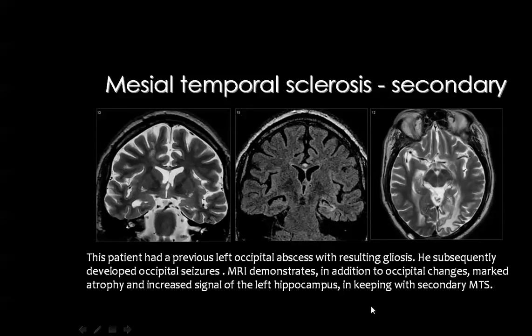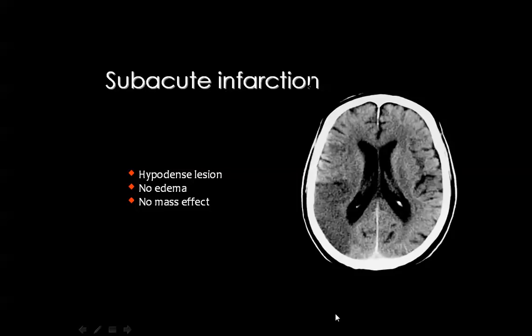Then the mesial temporal sclerosis may occur primarily because of ischemic changes in the region of the hippocampus, or secondary to other lesions, like in this case with a patient with an occipital lobe abscess that has been evacuated, and after that the patient developed epilepsy or seizures, and the MRI showed some changes in the hippocampus on the left side, which are clearly identified in this FLAIR image. You see the abnormal signal in the hippocampus and the loss of volume compared to the opposite side.